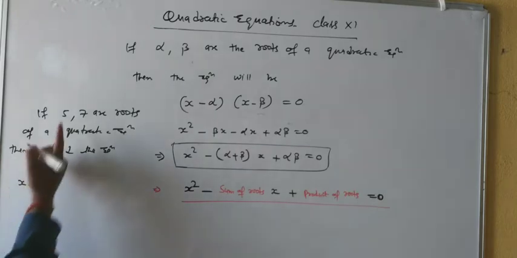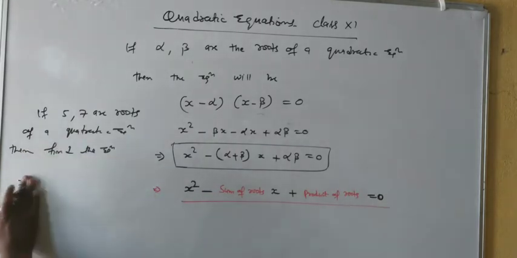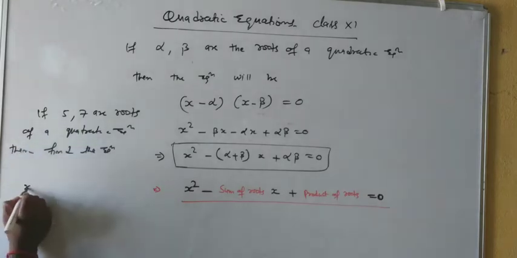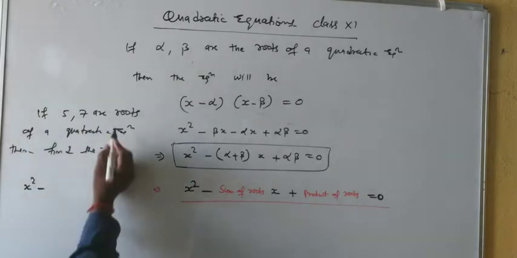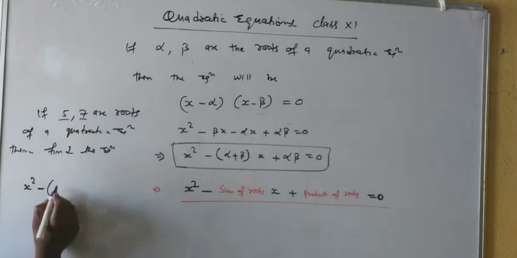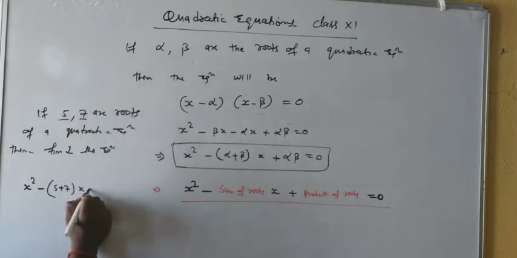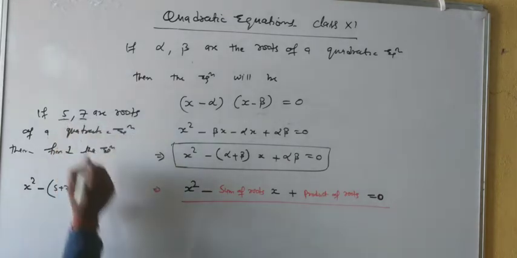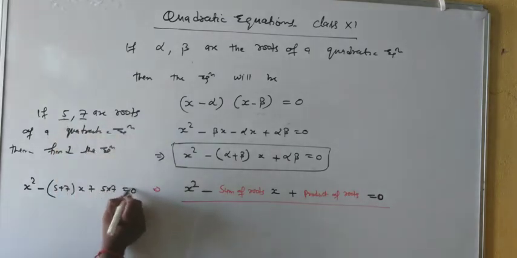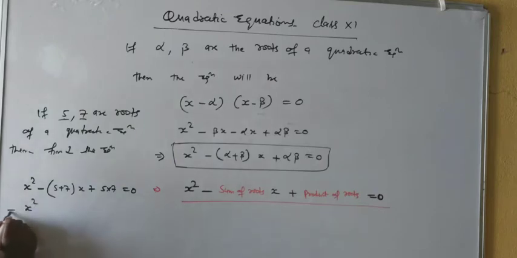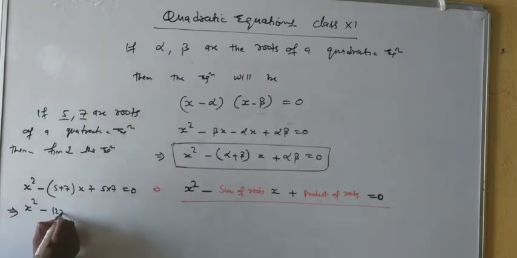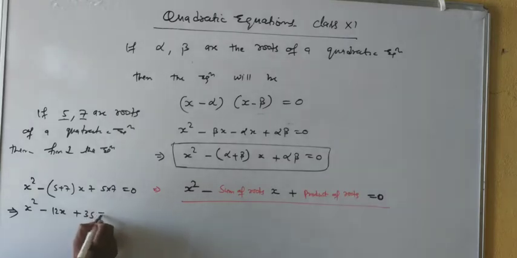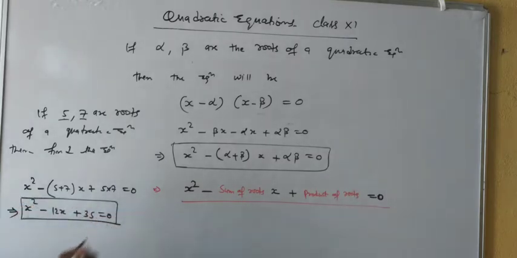So by using this relation we can write directly. So its equation is x square minus sum of roots, roots are 5 and 7, sum of roots 5 plus 7, x plus product of roots 5 into 7 is equal to 0. So your equation will be x square minus 12x plus 35 is equal to 0. Directly you can put the value and can find the required equation.